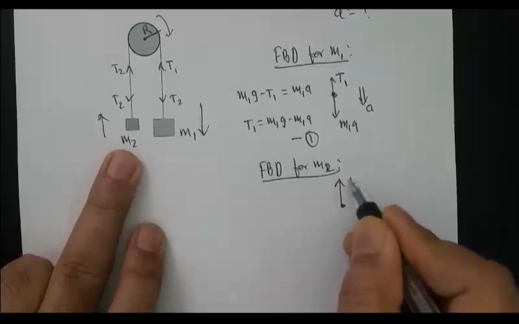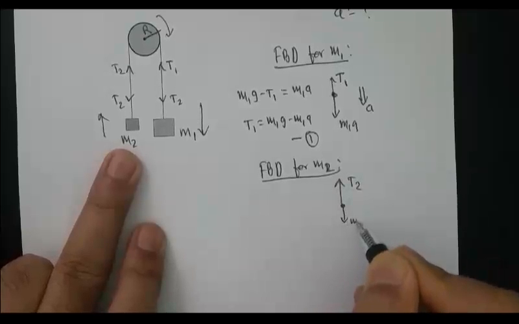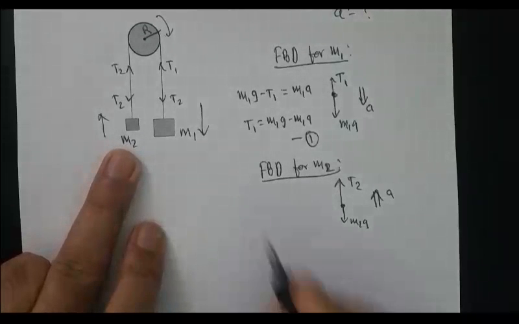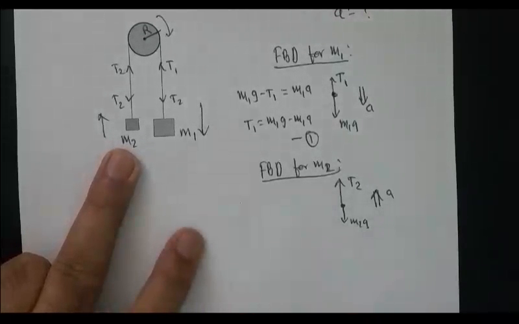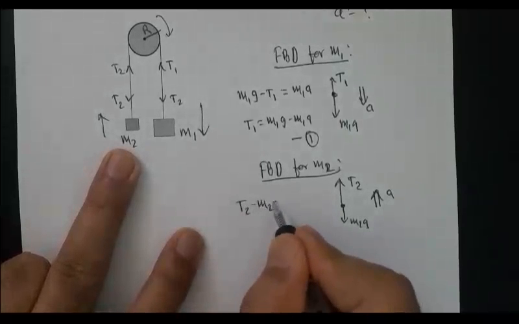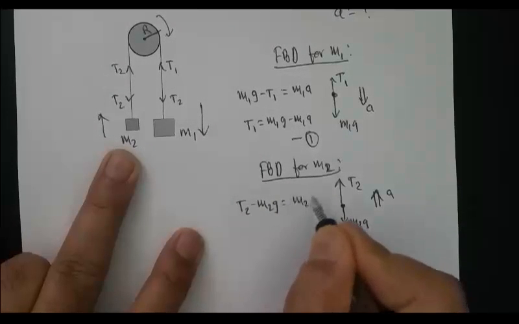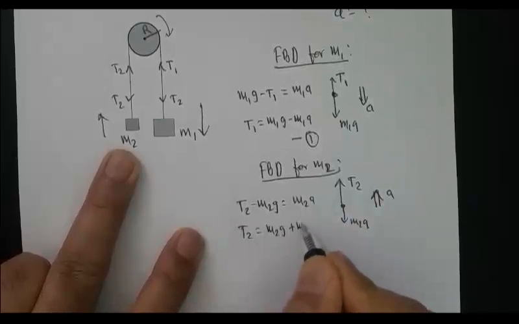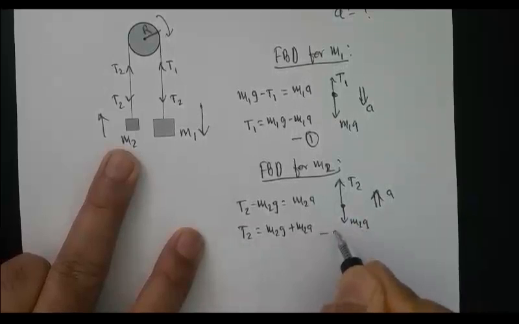Now tension will be greater than M2G because you have acceleration in this system. So again, making the stronger force positive, T2 minus M2G is M2A. Let's call that equation number 2.